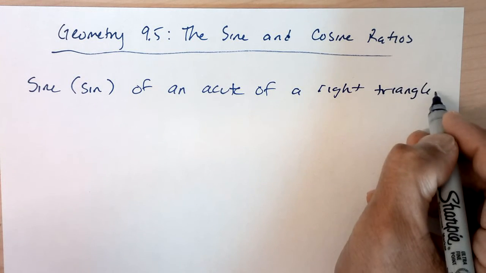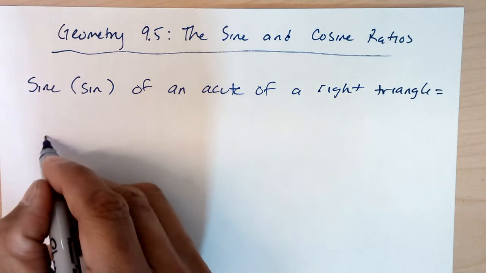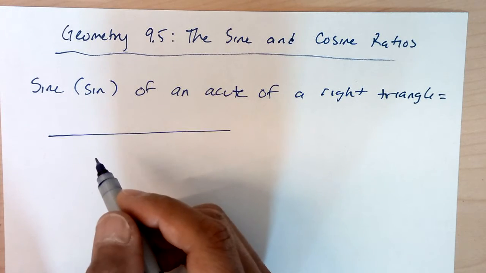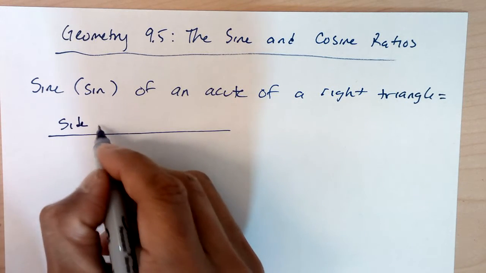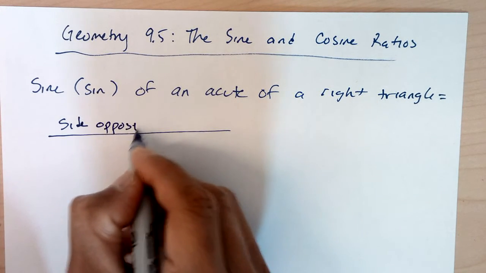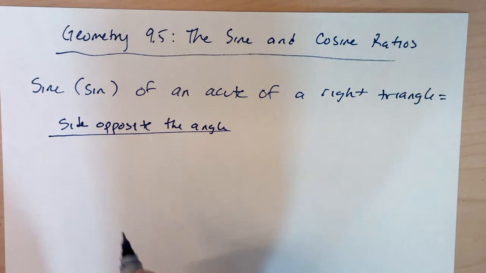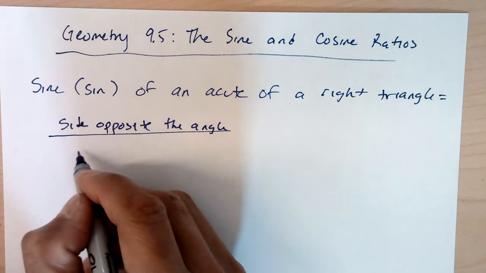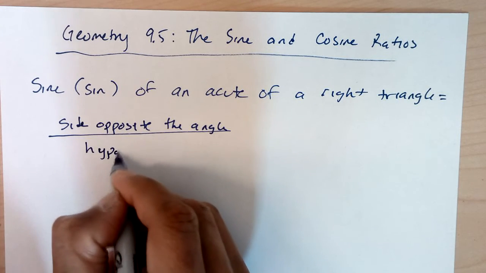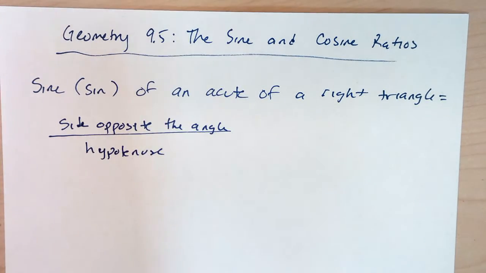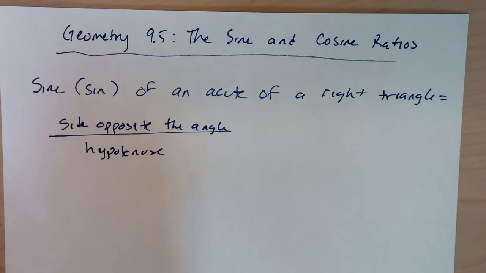And then the sine is defined to be a ratio, so it's a fraction. It's defined as the side opposite that angle over, or divided by, the hypotenuse of the right triangle. That's the sine of an angle.